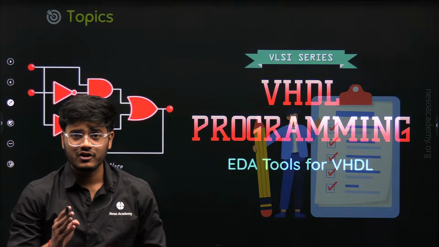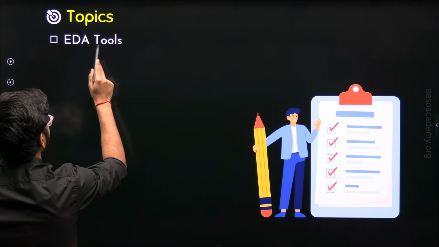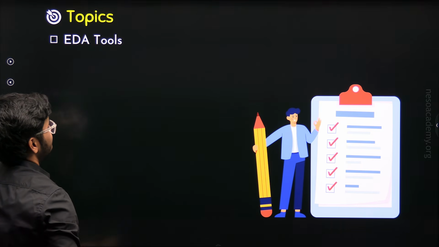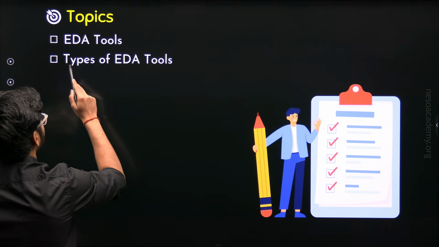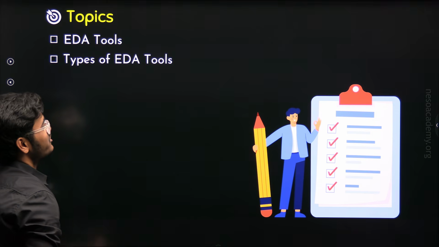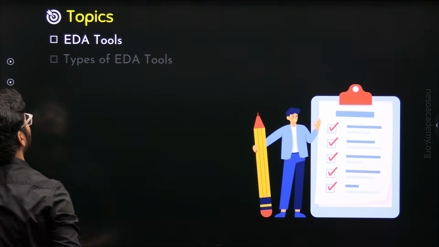In this lecture, we will cover the following topics. The very first, EDA tools. Here we will see what EDA tools are. Then our second topic, types of EDA tools based on digital design process. Now let's start with the first topic, EDA tools.